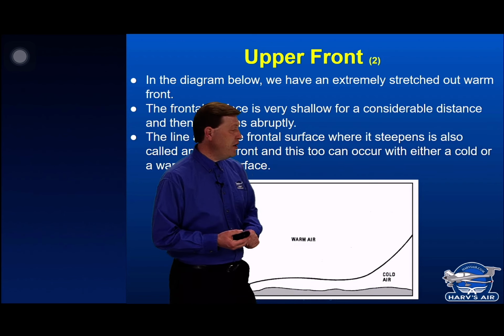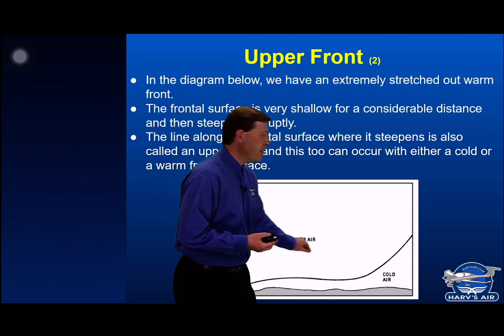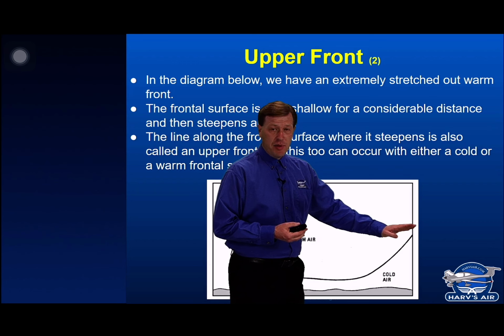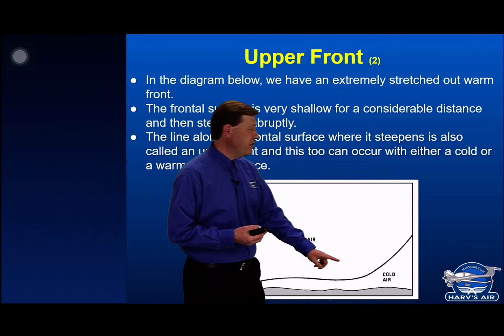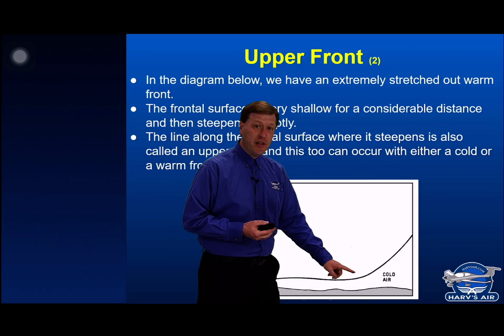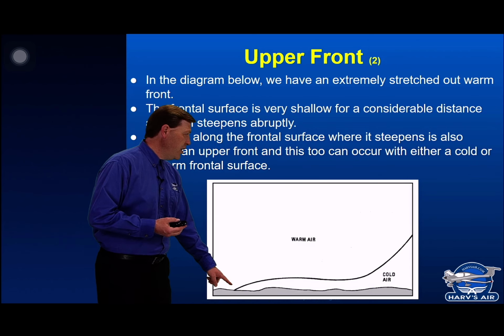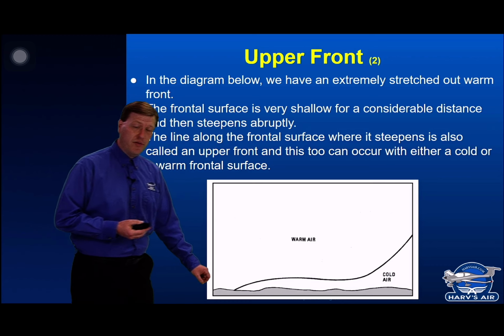If I was a meteorologist, I would put the upper warm front right in here, because this is where it suddenly steepens. So I would see two things on a weather map. First, the upper warm front at this point along the surface, and then over here, drawn on my map, I would see the actual warm surface front itself.